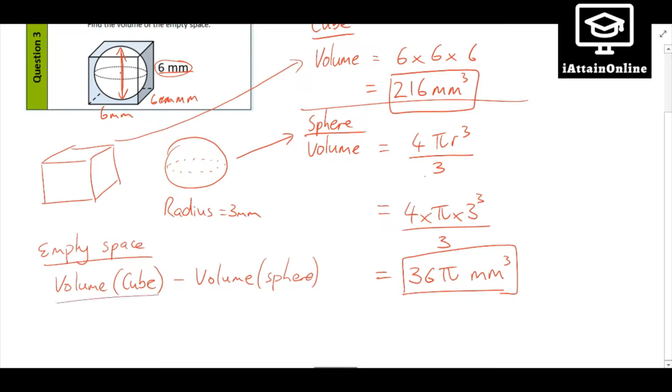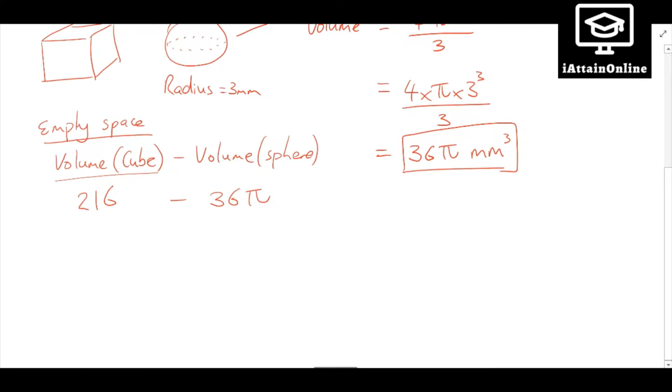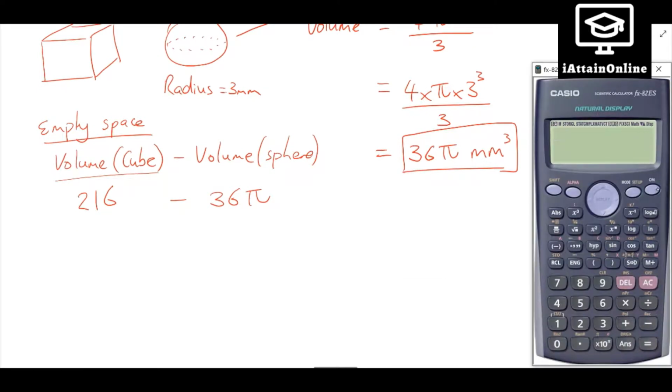And the volume of the cube is 216 millimeters cubed, and we're going to take away from that 36 pi. So just go back to my calculator. 216 take away 36 pi, press equals.